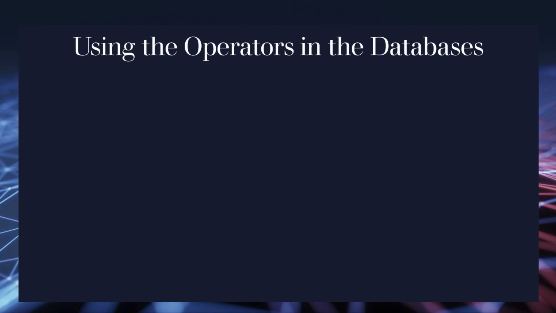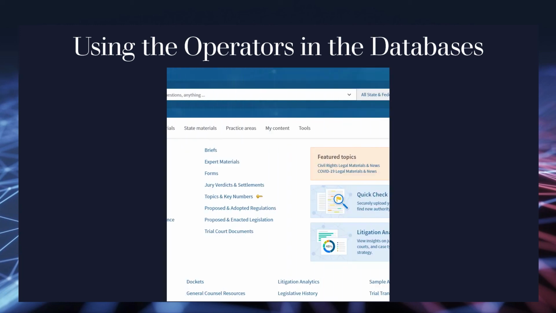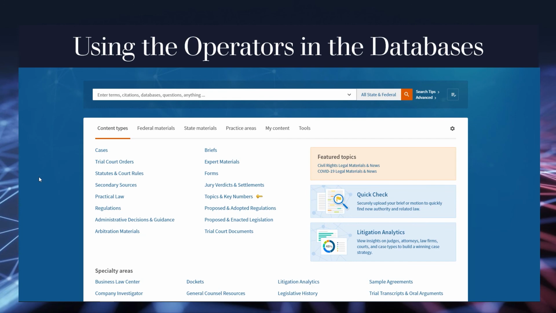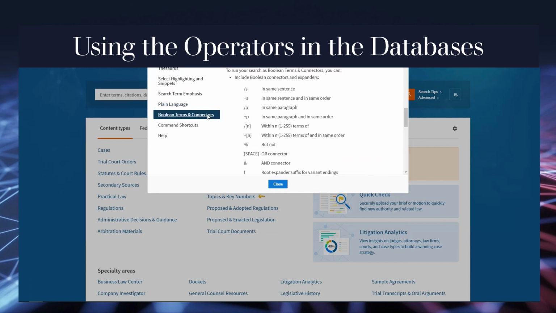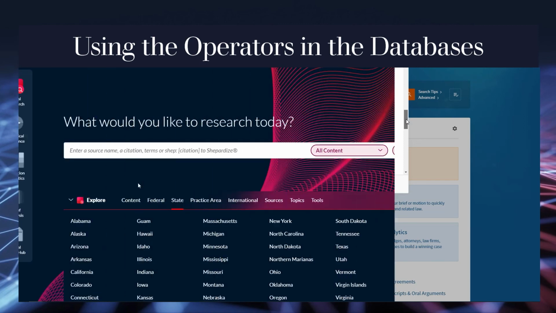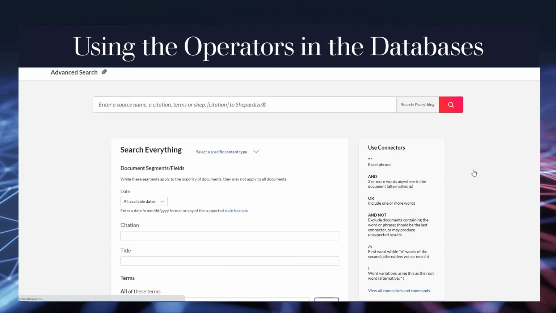Westlaw and Lexis both use these operators, and they're mostly the same in how they're implemented. You can refer to the databases for more precise documentation about these operators, and about some of the more advanced ones that this video did not discuss. In Westlaw, click Search Tips to the right of the search bar. In Lexis, first select Advanced Search.